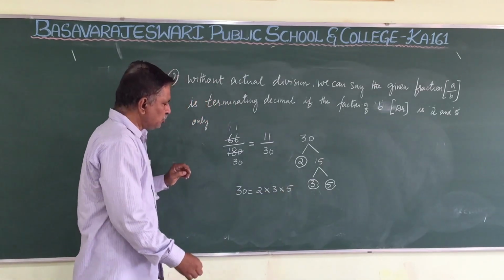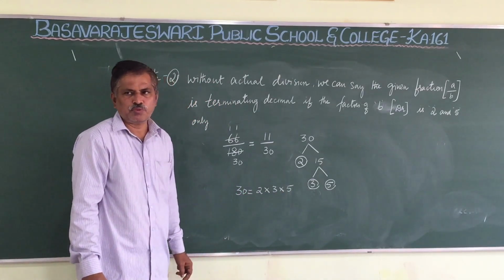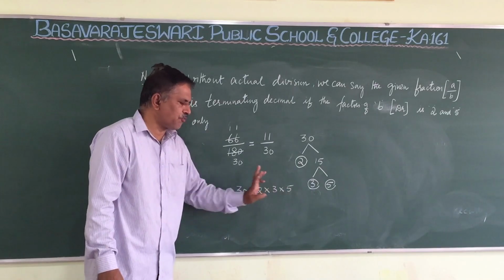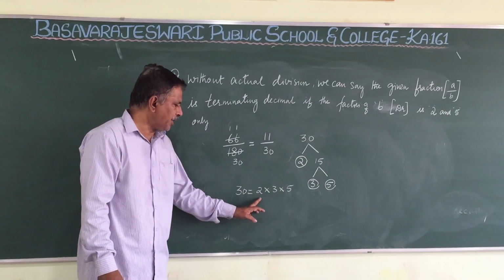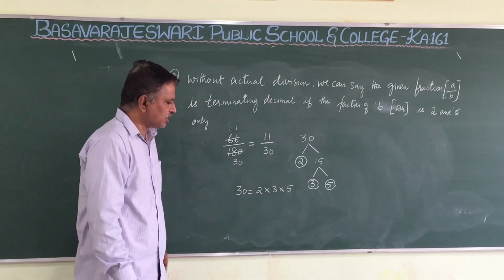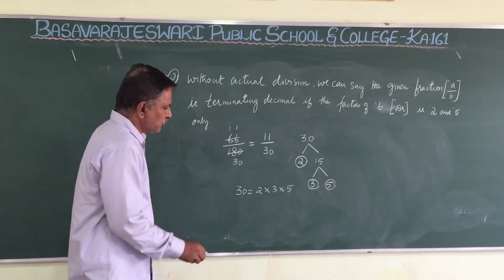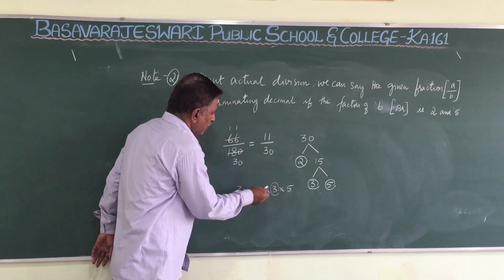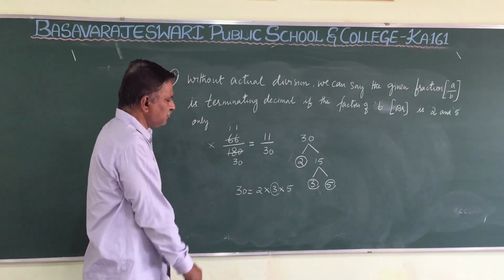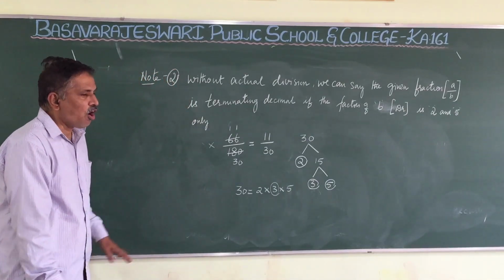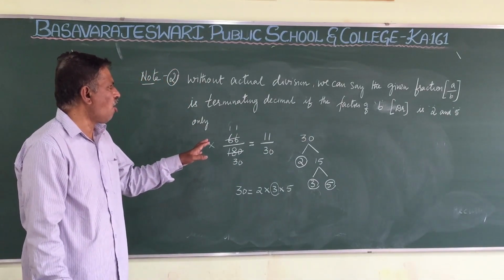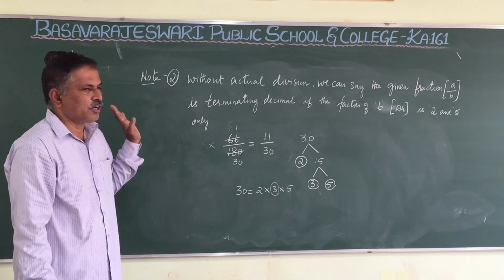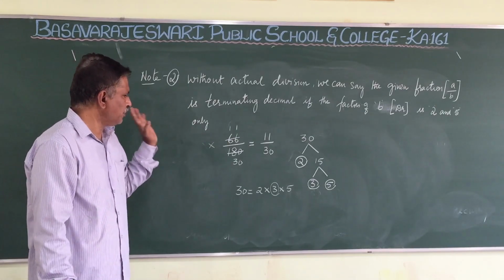What I told, we should get either 2, or 5, or 2 and 5, but no other values. But we got 3 as a factor. Therefore, 66 divided by 180 is a non-terminating decimal. Yes, please note down this one.